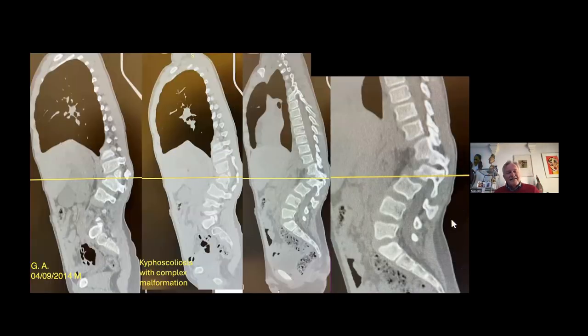When you look at the CT reconstruction, depending on where you cut, you can see different pathologies. And I think you have to identify which is the major pathology to create this deformity, to create a kyphosis and a scoliosis.